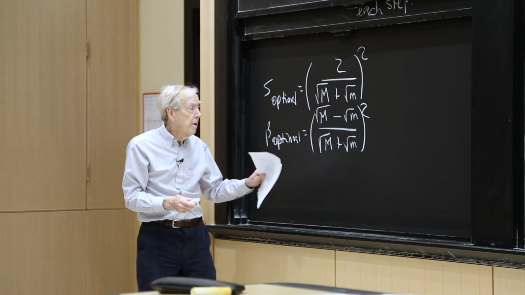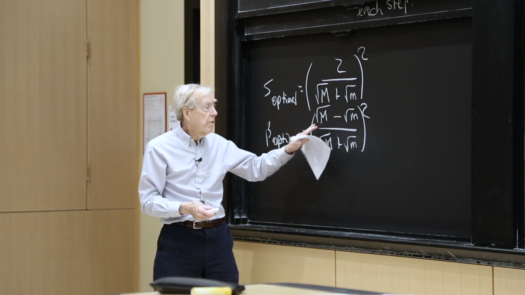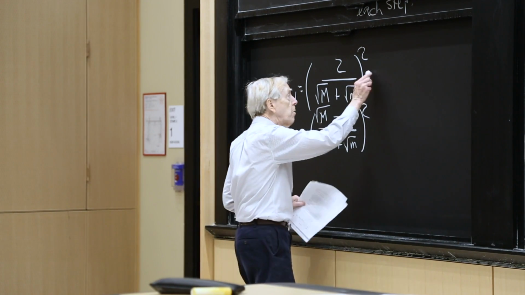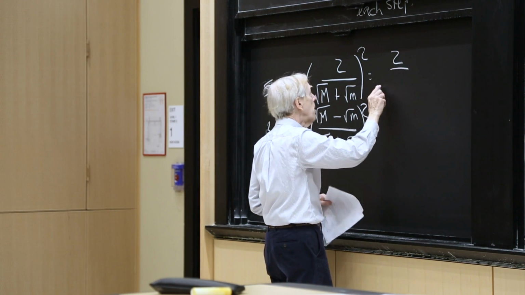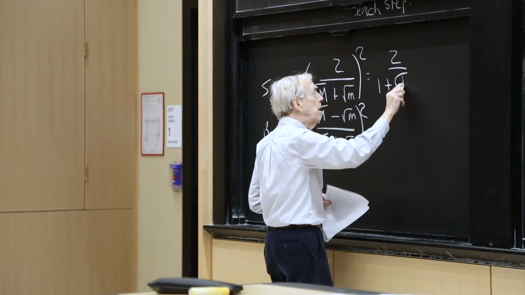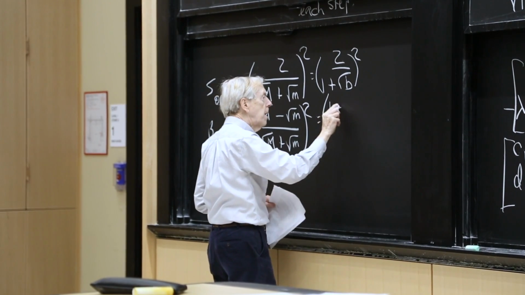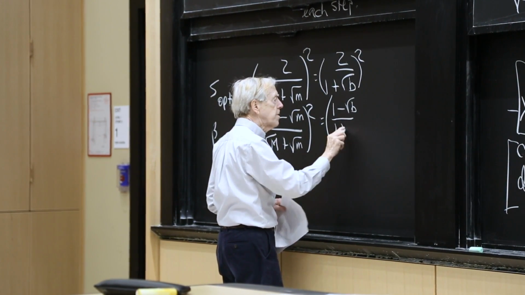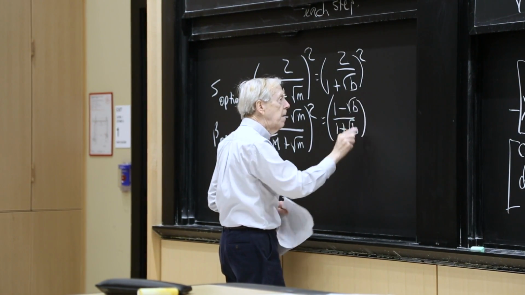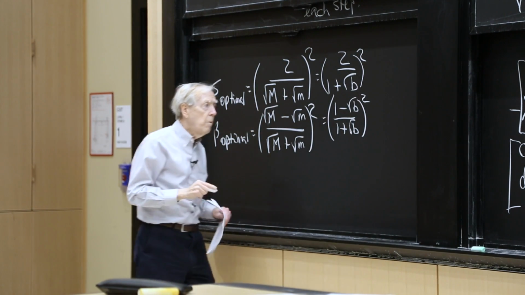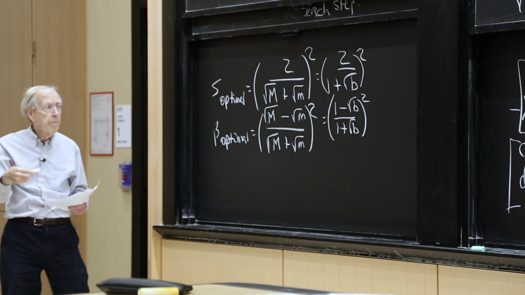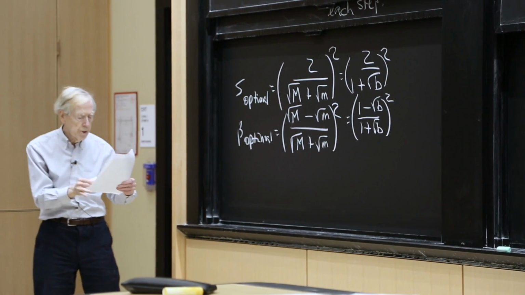For our example, let me just write what they would be: 2 over (1 plus square root of b) squared, and (1 minus square root of b) over (1 plus square root of b), all squared. You see where this 1 minus square root of b is beginning to appear. It appears in the solution of this problem.